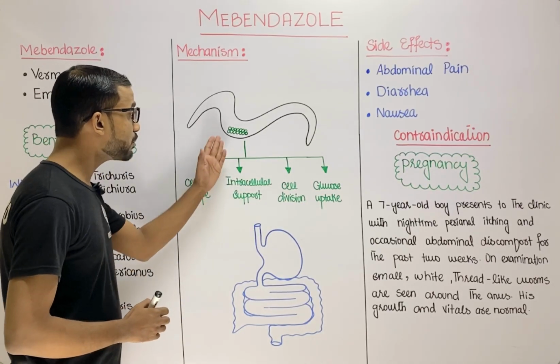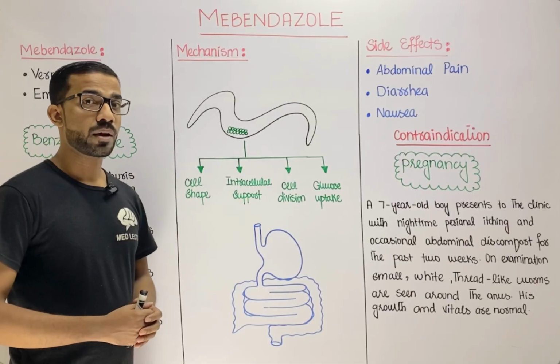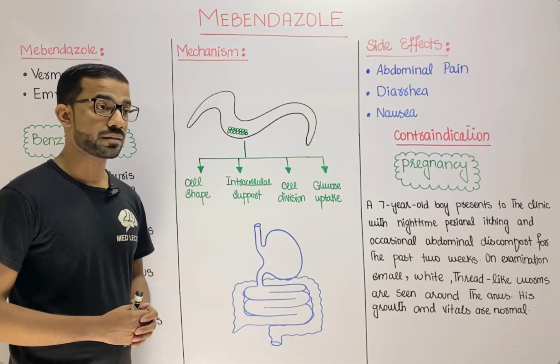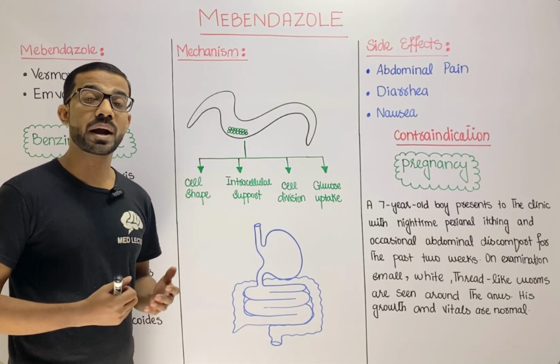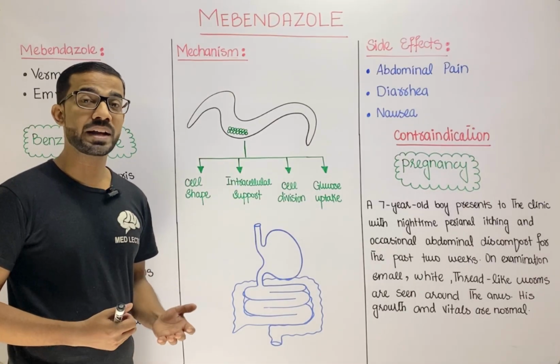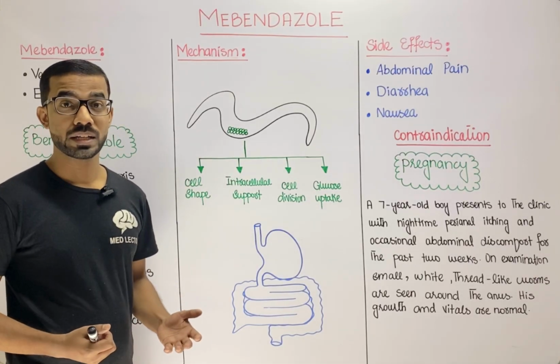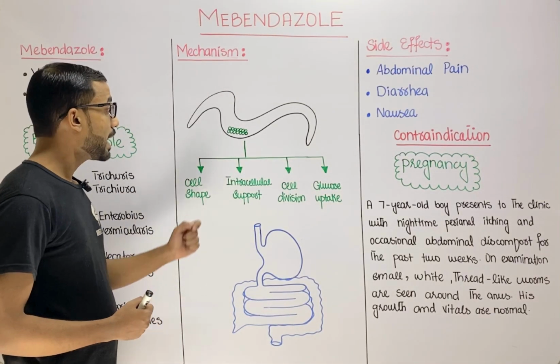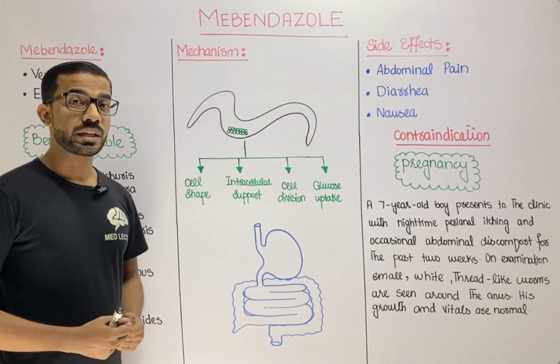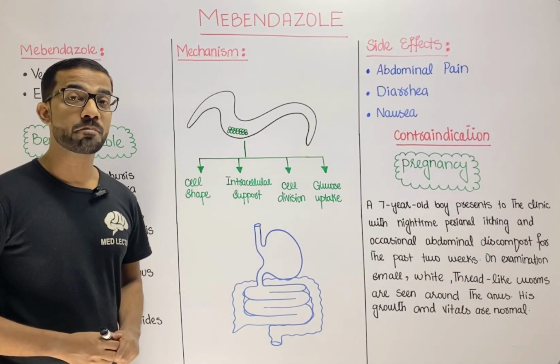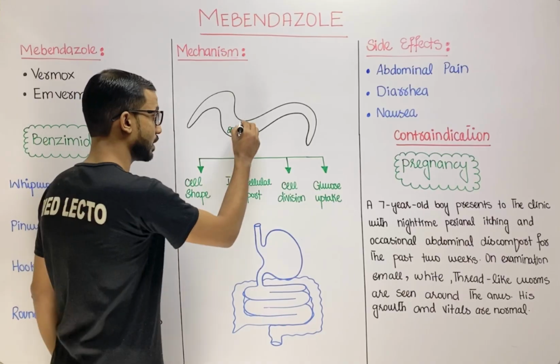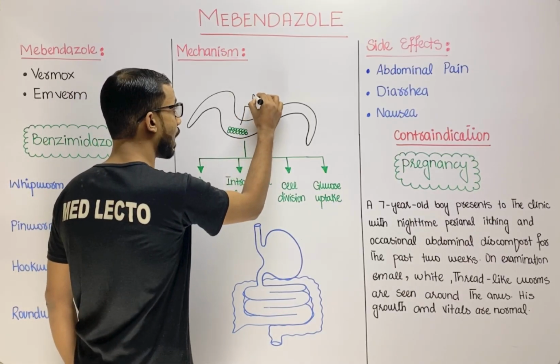If you see, this is the worm, and as we know, it is multicellular, made up of multiple cells. In the cells of the worms, you see the microtubules, which are the most important component.